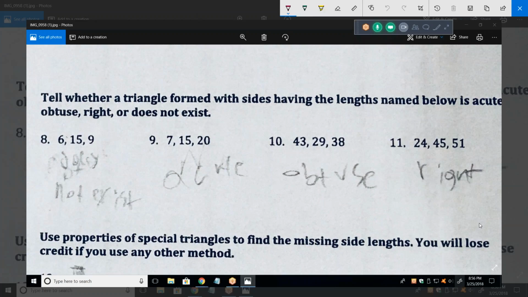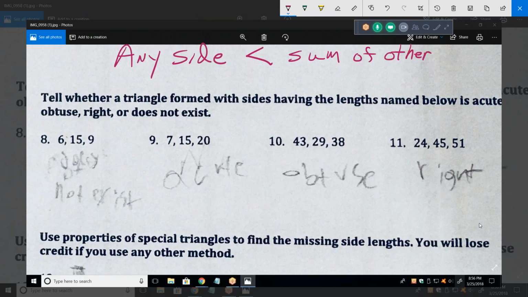Here's the rule. Any side of a triangle has to be less than the sum of the other two sides. And the reverse. Well, what would the reverse of that be?